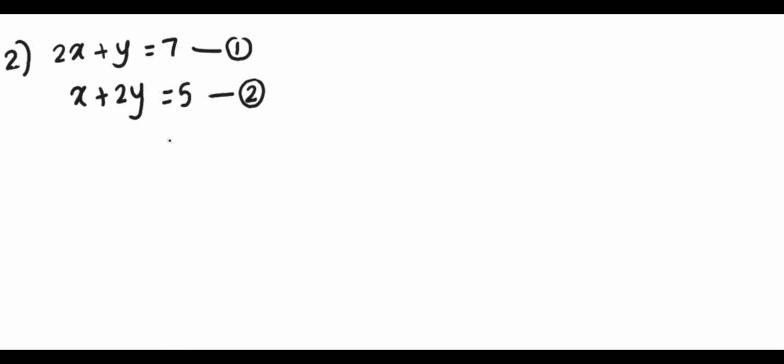As I told you, when solving using the elimination method, first we need to identify which variable we are going to remove. And also, I told you that the coefficient of the eliminating variable must be equal. So let's check, is there a variable which satisfies that condition.